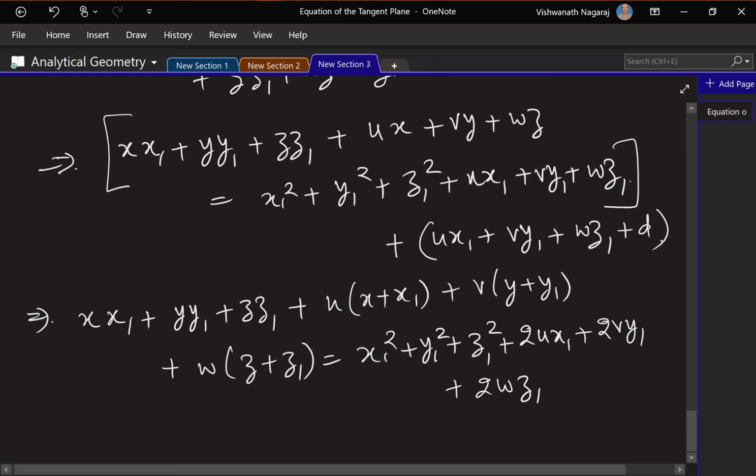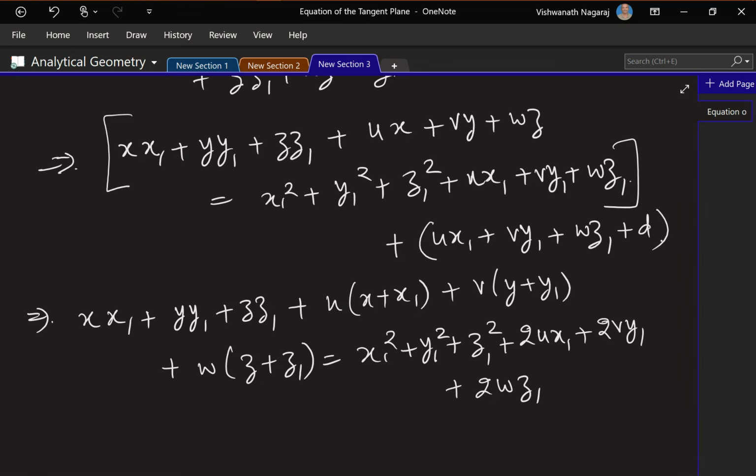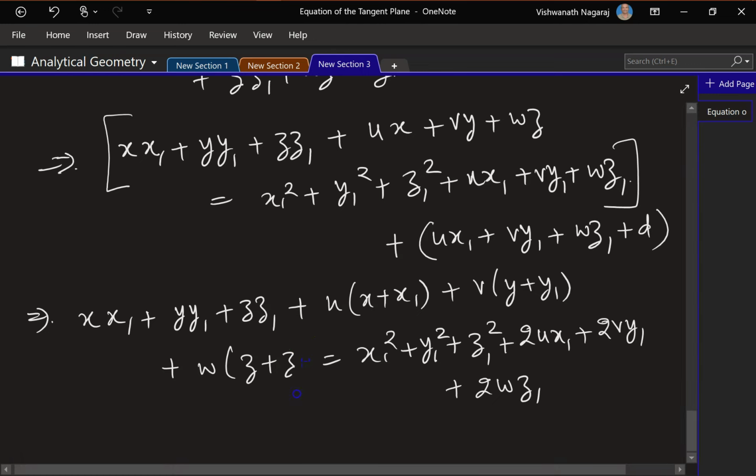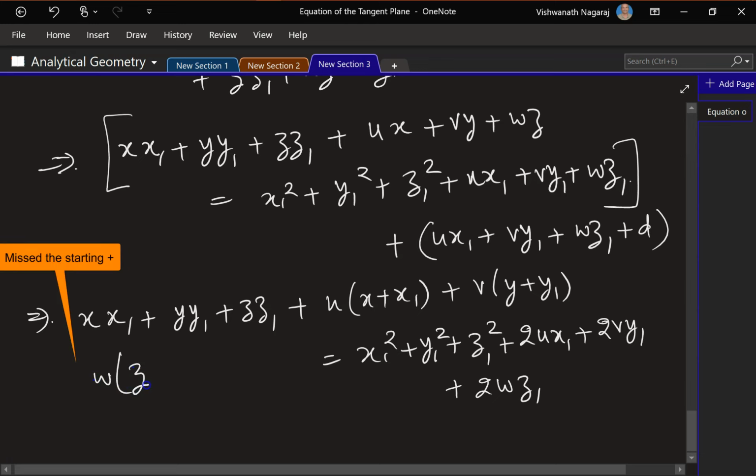So on this side also you will end up with a d. I will have w(z plus z1) plus d, and I will have plus d.